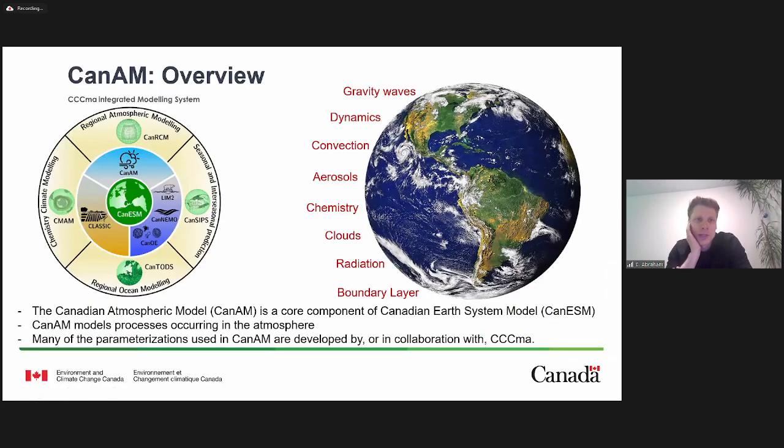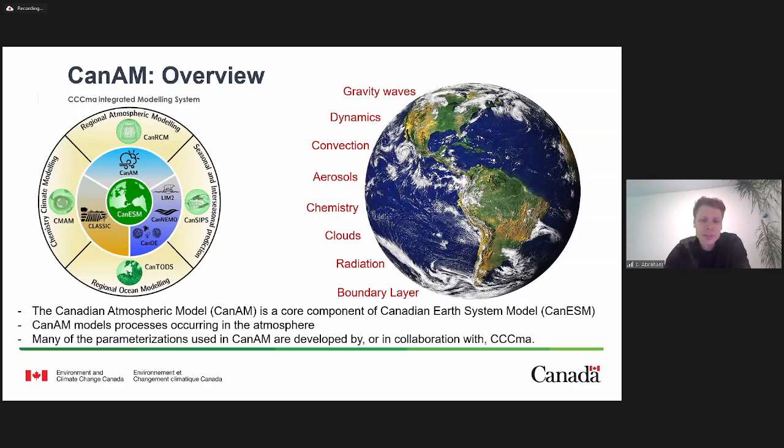Just to give you a quick overview, the Canadian atmospheric model is a core component of the Canadian Earth System Model, and it simulates all atmospheric processes. Currently, we have representations in that model for gravity waves, the general dynamics, convection, aerosol, chemistry, clouds, radiation, and atmospheric boundary layer physics.